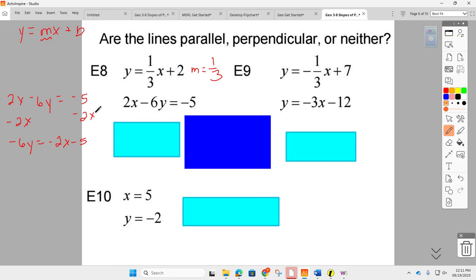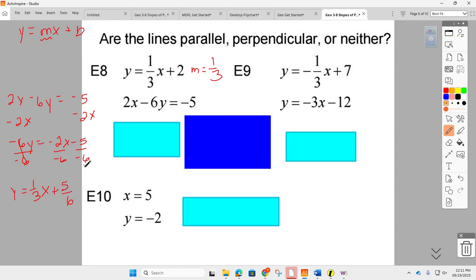Now to get y by itself, I need to divide everything by negative 6. And so that leaves me y equals negative 2 divided by negative 6, that's 1/3, x plus 5/6, because negative divided by negative is a positive.